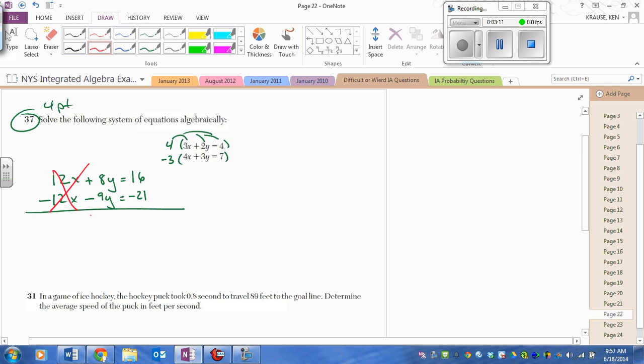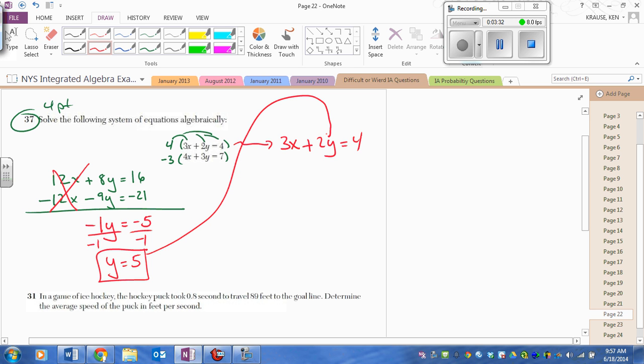These cancel. Negative 1y equals negative 5, divided by negative 1. Negative y equals 5. Now I got to take this equation, 3x plus 2y equals 4. Plug this y in.